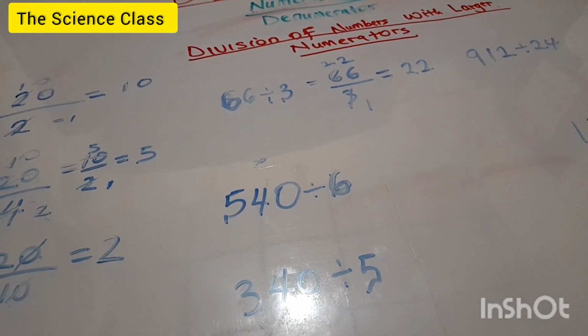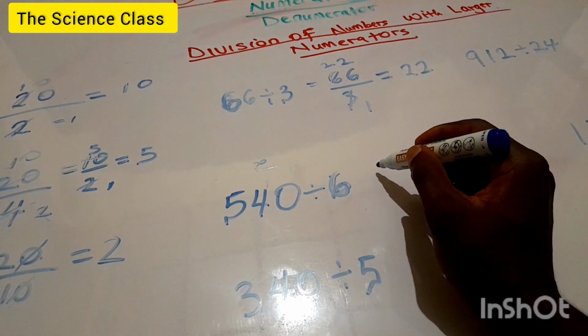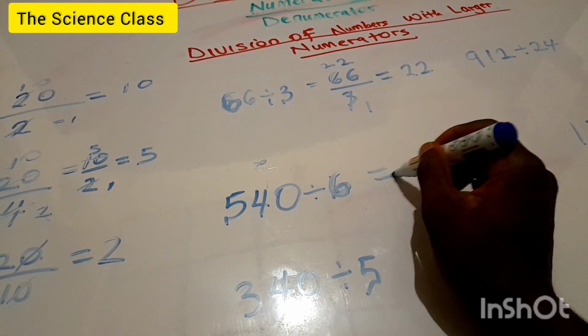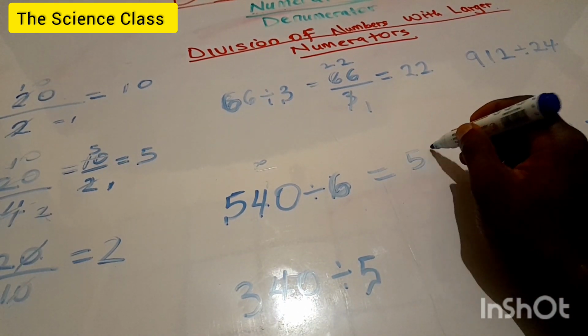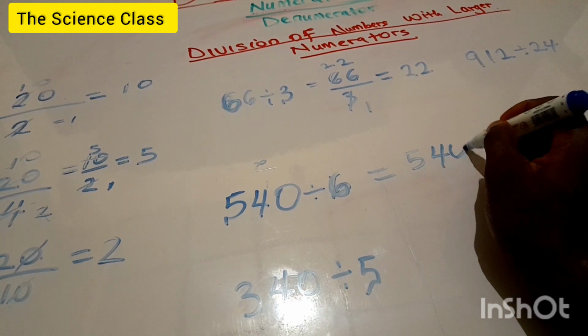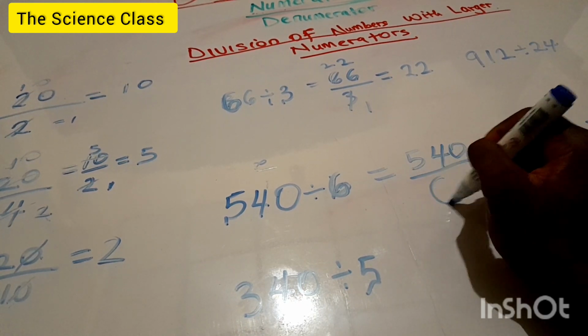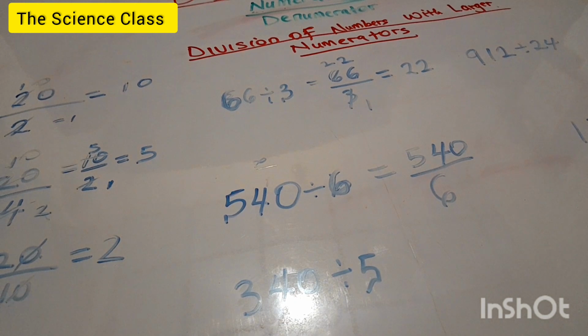example for today. 540 divided by 6. In this example, we can break 6 down to 2 by dividing 6 by 2 and then 540 by 2.